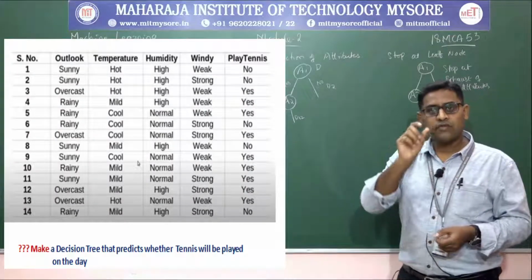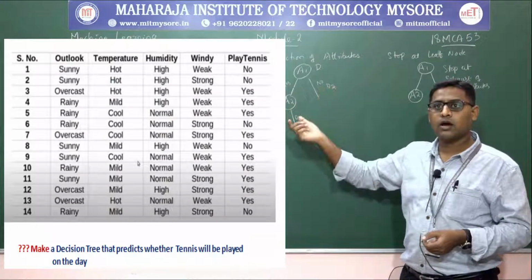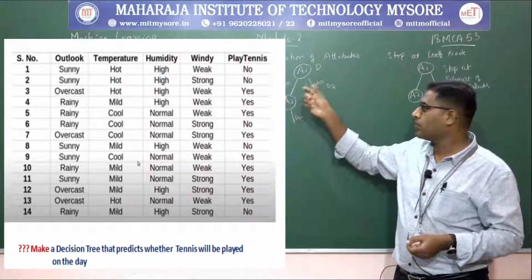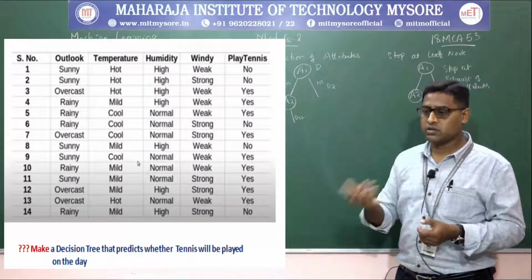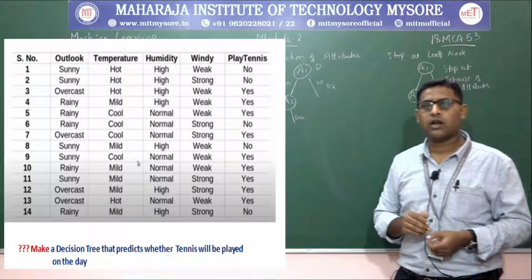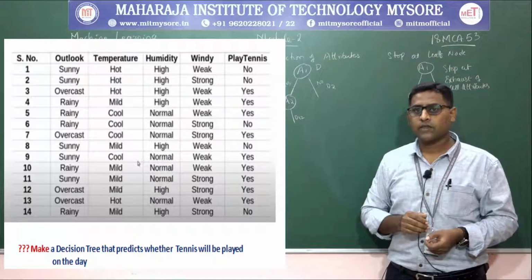So if it is sunny, hot, high and weak with respect to outlook, temperature, humidity and windy, then you will say no. No means on that particular day a person cannot go for playing tennis. Right.